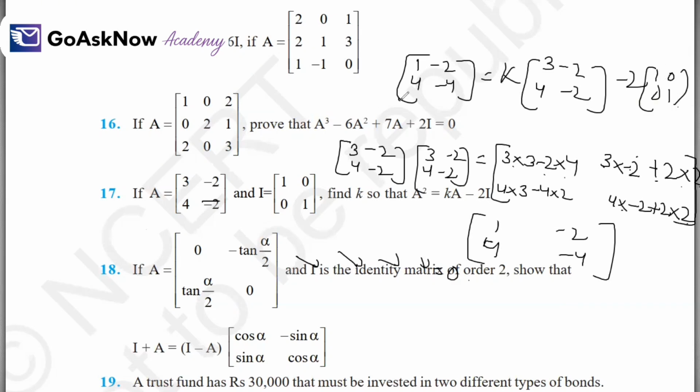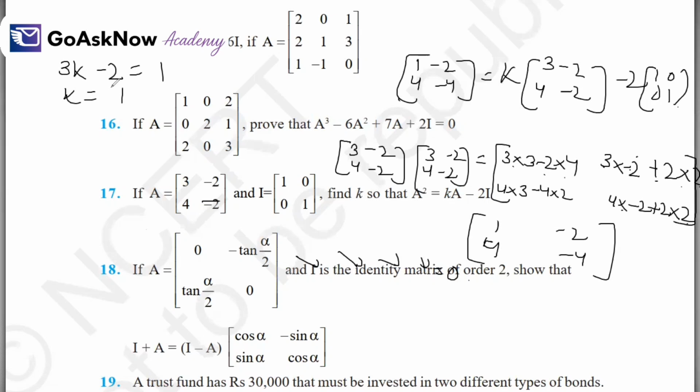Just compare the left hand side elements to the right hand side. So you will get 3k minus 2 is equal to 1. From here you can find out k, that is k is equal to 1 only. So k is coming out to be equal to 1.